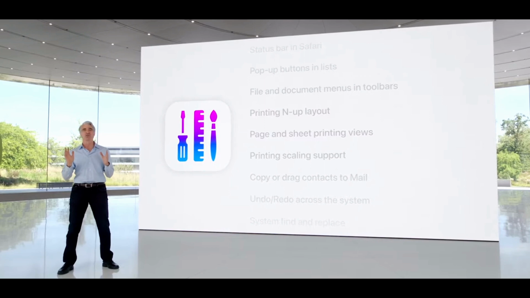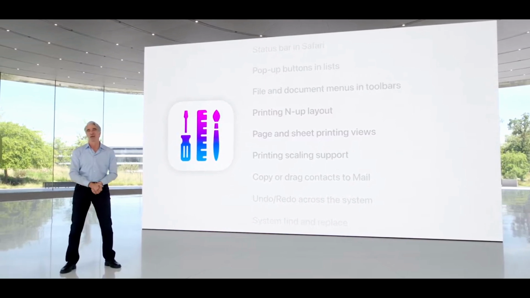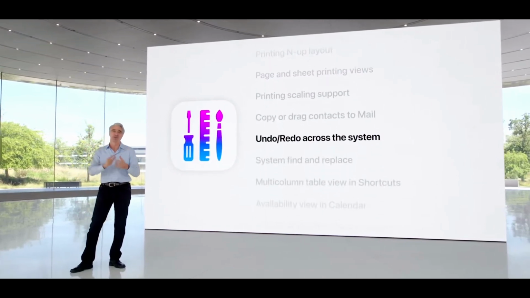They meant redesigned toolbar buttons, the ability to search, new contextual menus, multi-select context menus, tongue twister there, find and replace, undo and redo in more apps, like we couldn't already do that on the iPad, copy and drag contacts to mail, availability view in calendar, column autocomplete in numbers, that's desktop class, I guess that's what we're on, and then lists in contacts, and look for duplicates and merge cards in contacts.